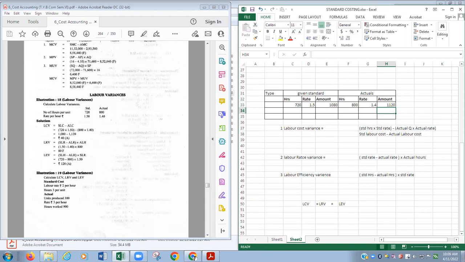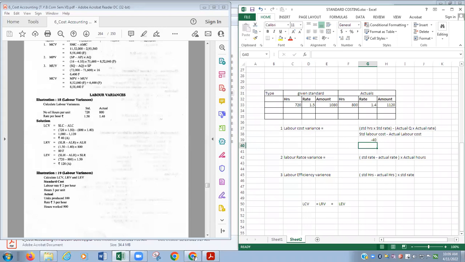First one is labor cost variance. This is the overall variance. We will compare standard cost and actual cost incurred. Standard cost was 1080 and actual cost is 1120. So find out the difference.